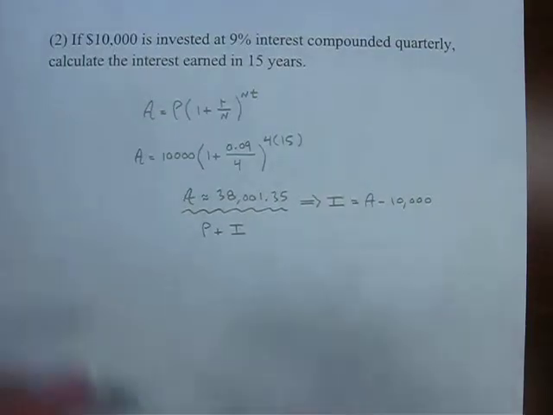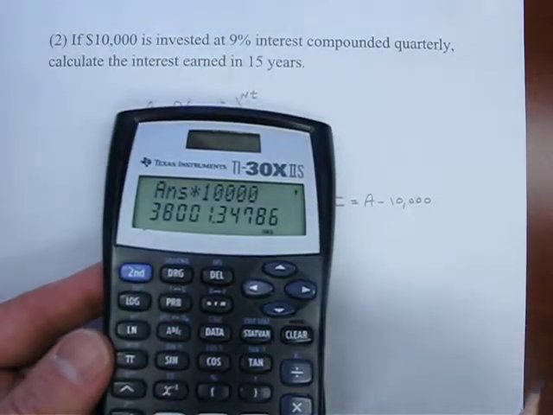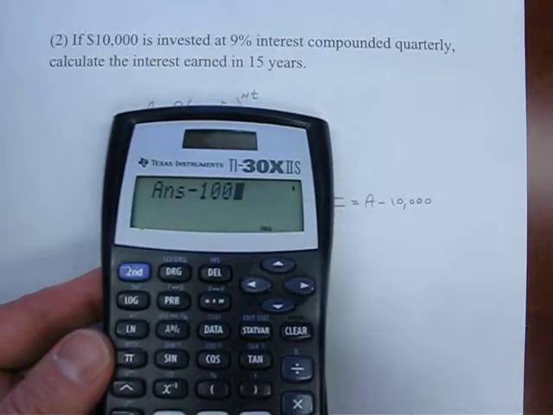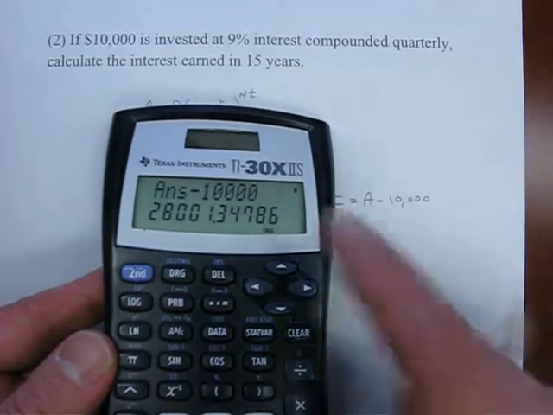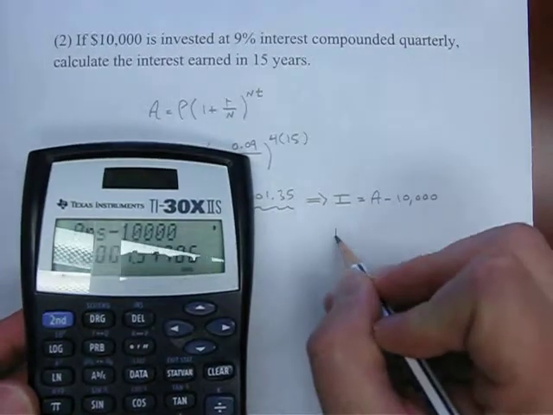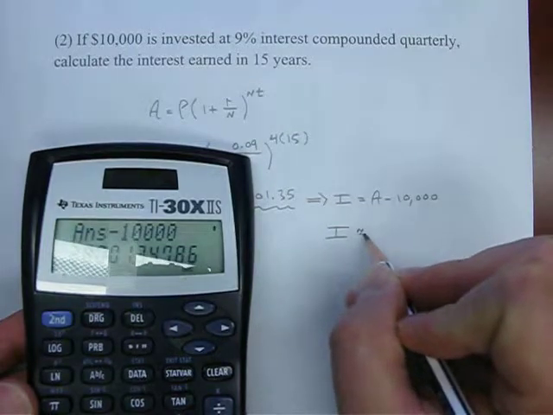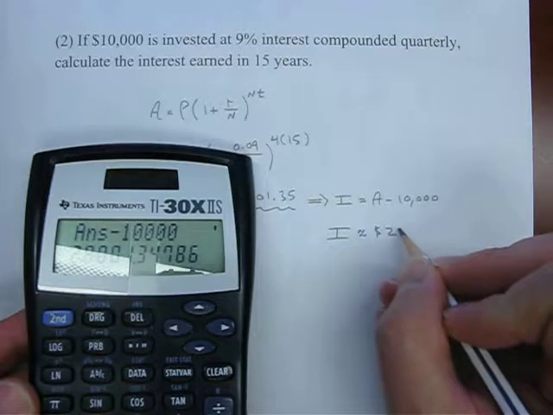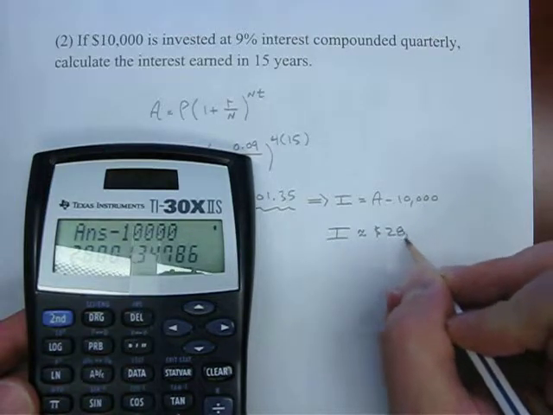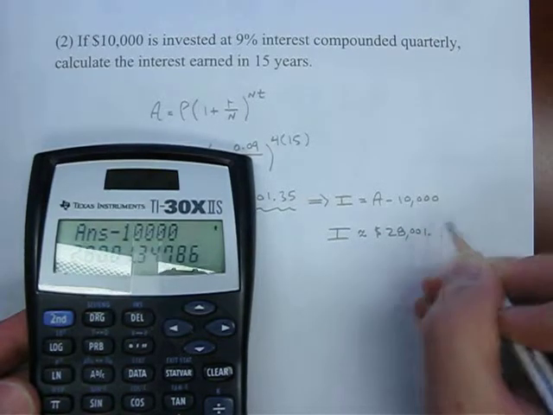That would be just the interest. Okay, so I still have my number in my calculator. It'd be real easy, calculator or not, to just subtract 10,000. And there, that's how much interest I got. The interest is about 28,001 and 35 cents.